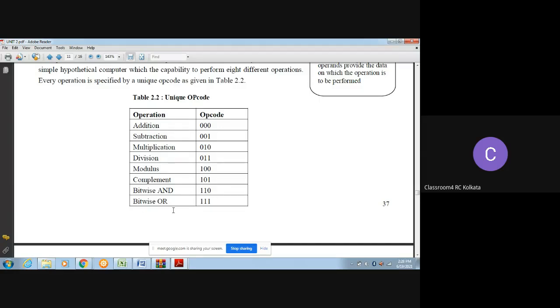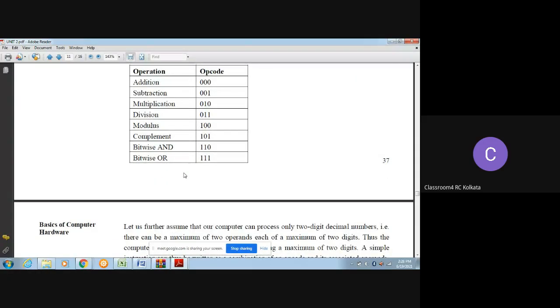Similarly, bitwise OR means it will operate the OR operation per bit. This is bitwise AND and bitwise OR. There's also shifting, there is logical shifting, there is rotation, etc. There are so many operations in the instruction code. So these are the main operations: addition, subtraction, multiplication, etc. These are all the opcodes.